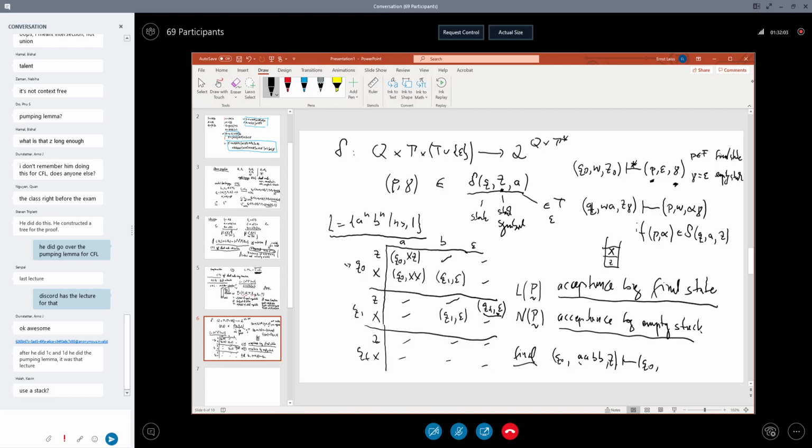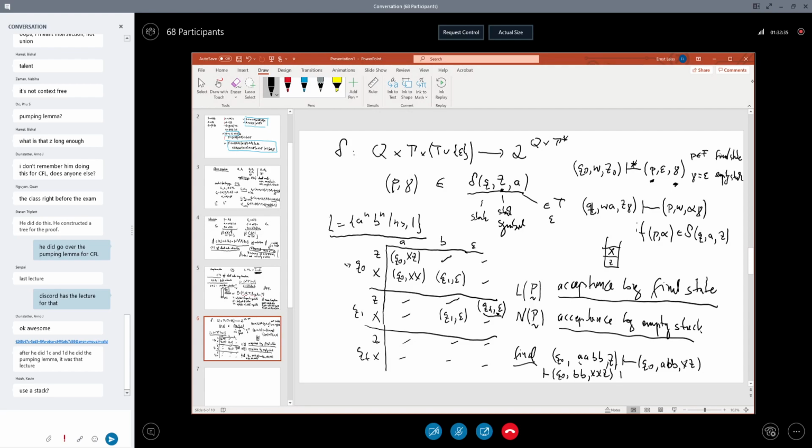So we consume one A, so that leaves us with A, B, B. And we have on the stack now XZ. So this is the first move, and then the second move would be we're in Q0 again, because we have now X and A, so we consume that second A, so that leaves us with two B's. We have X, X, Z.